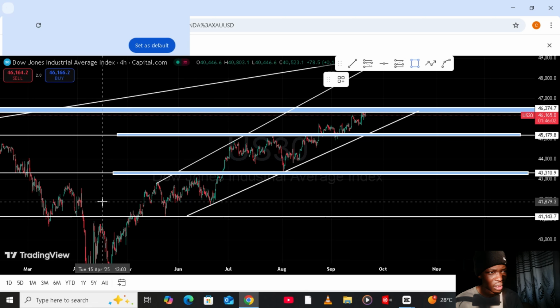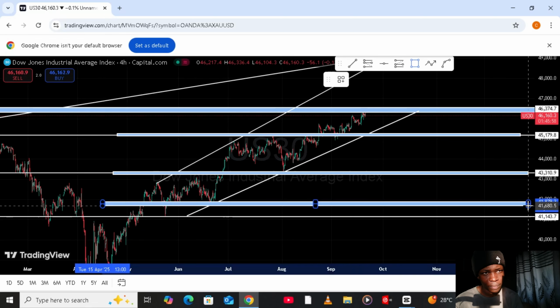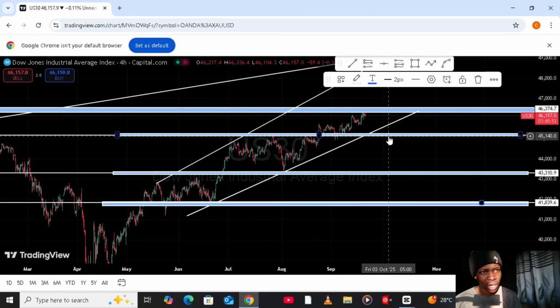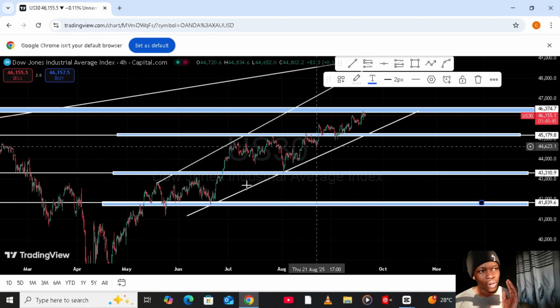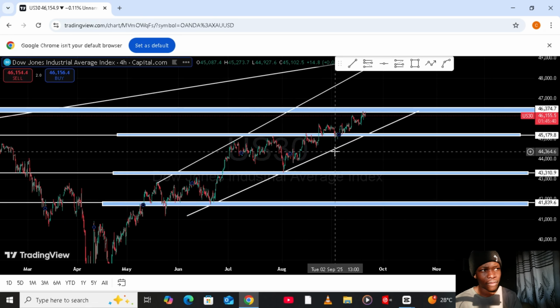Oh, right here. So if ever we break this trend line, we either come in here or here, or even here. That's why I always include the touches, because I know you can easily draw a trend line on every touch. You know what I'm saying? So this is what we have on USDT.